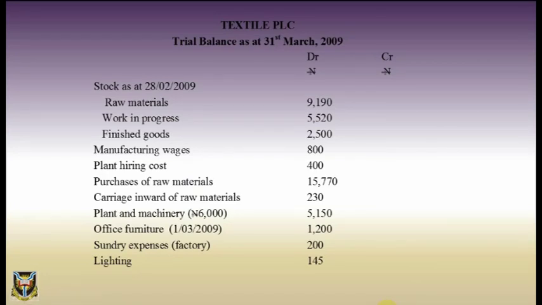DR, CR in Naira. Stock as at 28/2/2009. Raw materials 9,190. Work in progress 5,520. Finished goods 2,500. Manufacturing wages 800. Plant hiring cost 400.